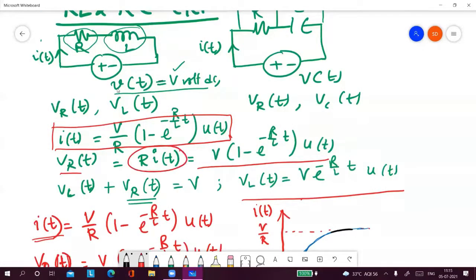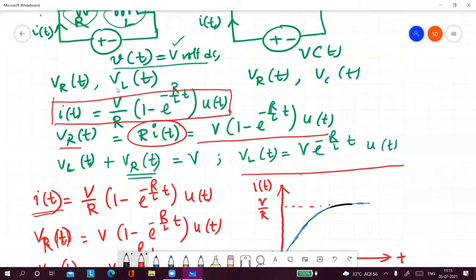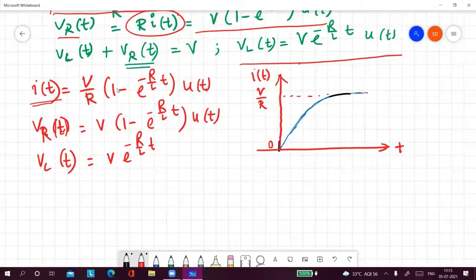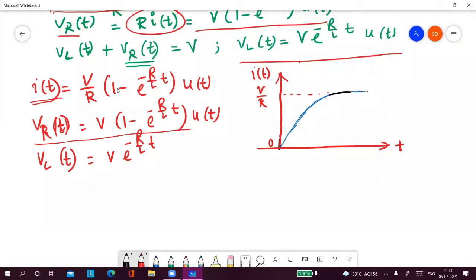That means the nature of the voltage drop across resistance will be the same as the current response. This is the same type of response. VR(t) will be the same.